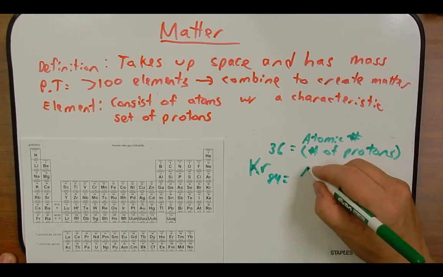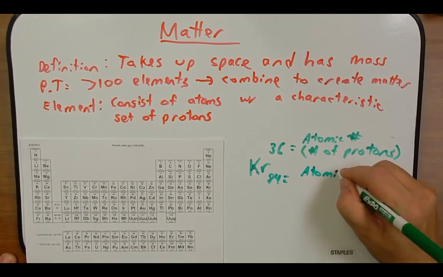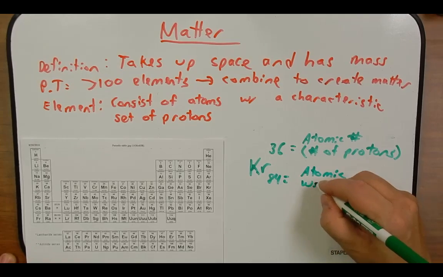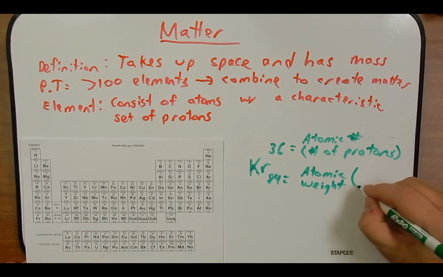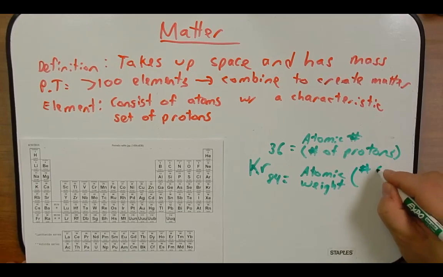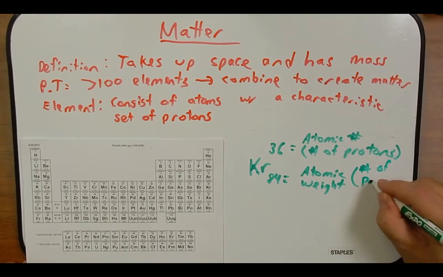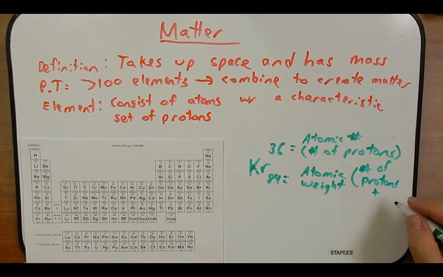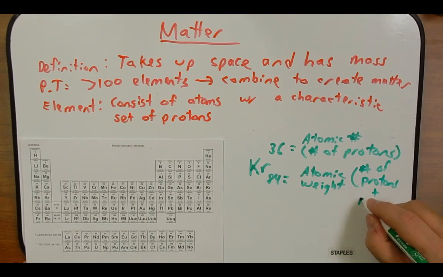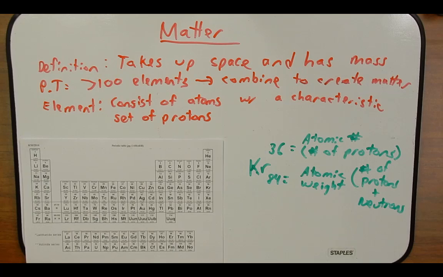This is the atomic weight. And this is the number of protons plus the number of neutrons. It's the weight, essentially, of the nucleus of the atom.